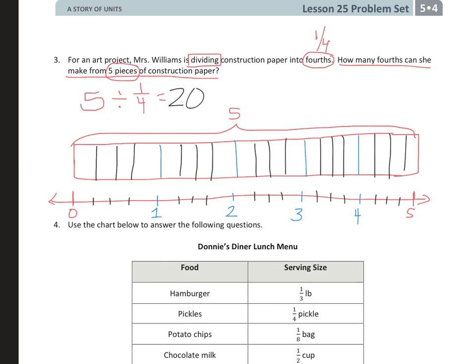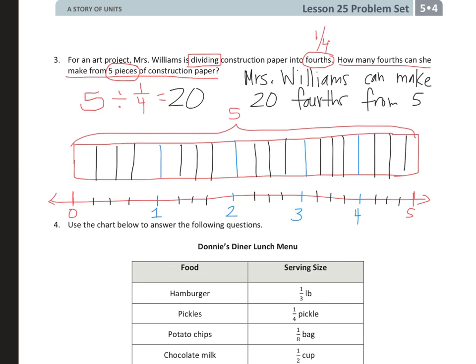And let's go ahead and answer their question. How many fourths can she make from 5 pieces of construction paper? So I'm going to say Mrs. Williams can make 20 fourths from 5 pieces of construction paper.